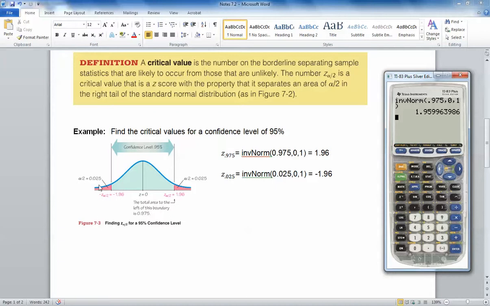That means that the leftmost area is 0.975 and the area on the right is 0.025. So a critical value for a 95% confidence interval is 1.96.